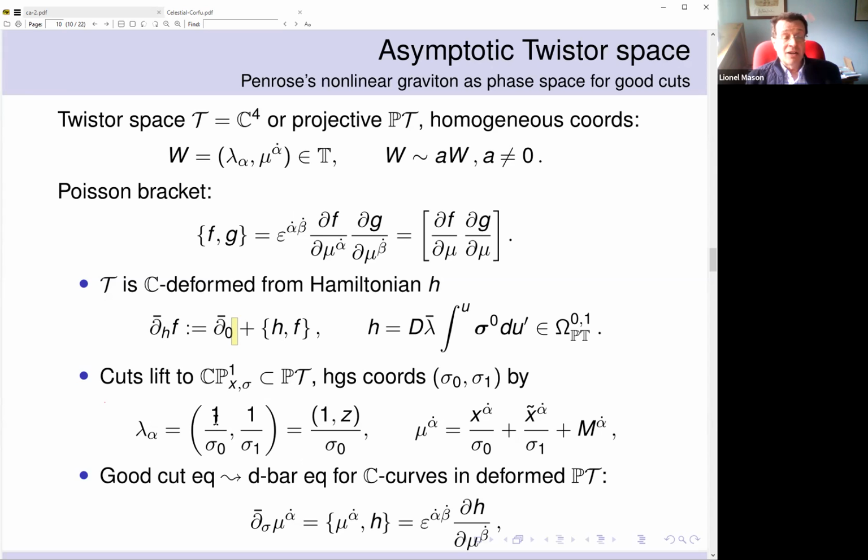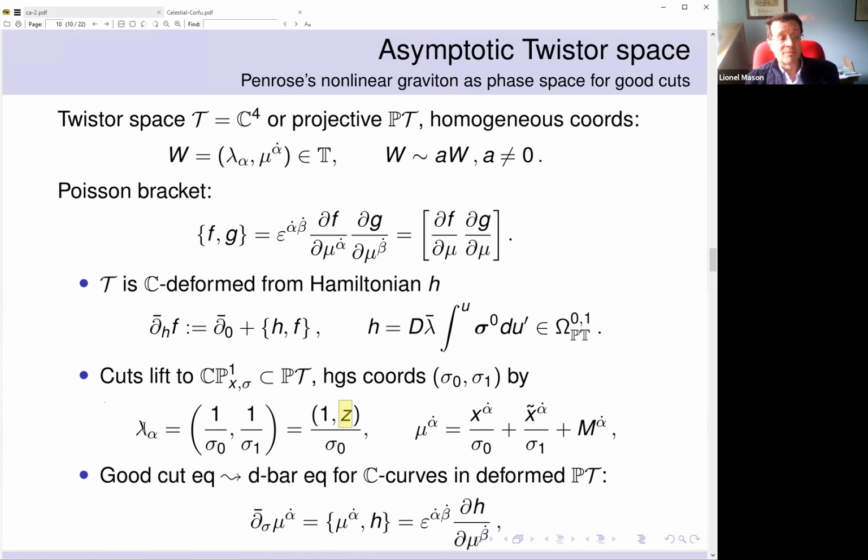Anyway, so I'm going to straight away lift the good cut to the twistor space then, with this kind of slightly weird coordinatization. So actually, what I'm going to want to do is put homogeneous coordinates on the cut. They're related to the z coordinate around the celestial sphere by z is sigma naught over sigma 1, but I'm going to give them an inverse relationship with the lambda coordinate on the twistor space.